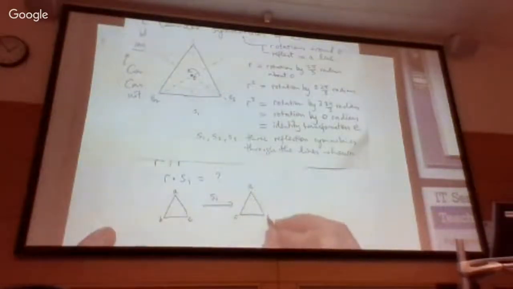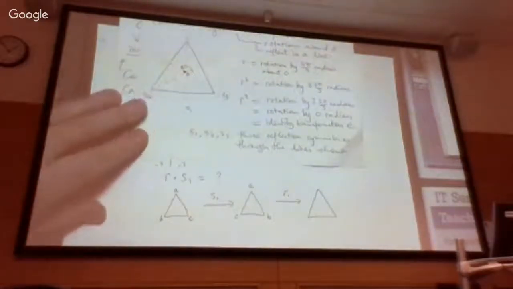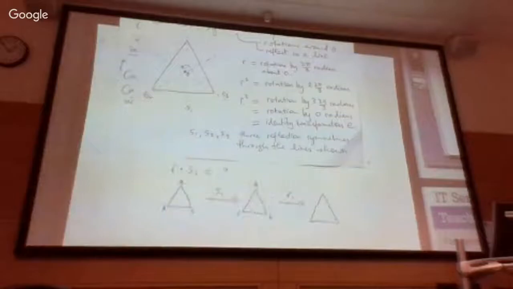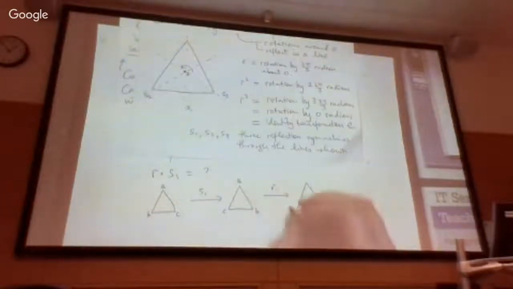So C will be over here and B will be over here. That's where the vertex points move to. If I then perform the operation rotation R1, so this was rotation counterclockwise by 1/3 of a full turn, but I'm applying it to this triangle here. So this moves the vertex labels around A, C, B.